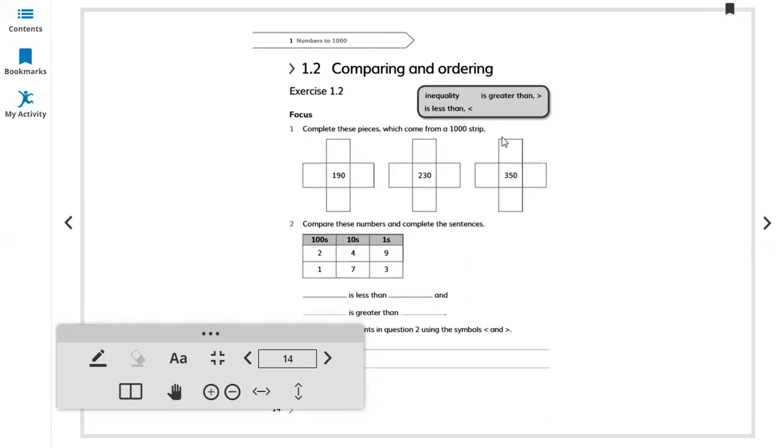After this, unit 1 lesson 1.2, comparing and ordering. Exercise 1.2, complete these pieces which come from a thousand strip. Same as in lesson 1.1, moving downward is plus 10, upward is minus 10, and left to right is plus 10.